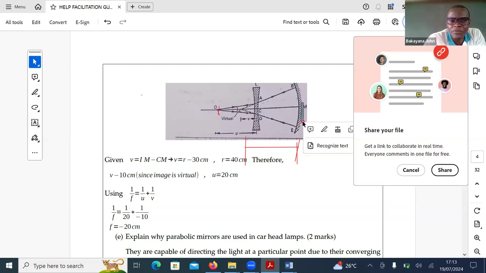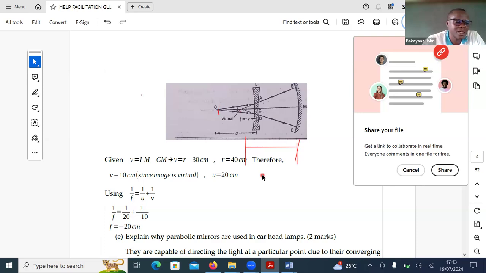So take note of these letters. I is the image formed by the concave lens. And the distance between I and the concave lens is our V, which is a virtual image distance.